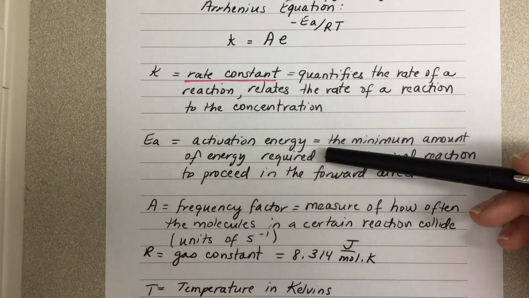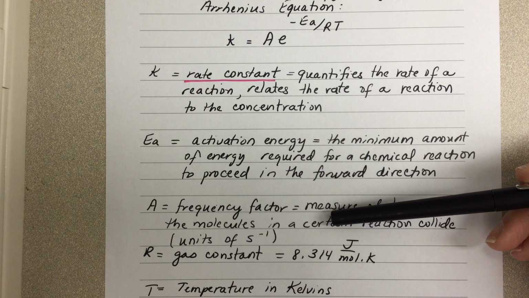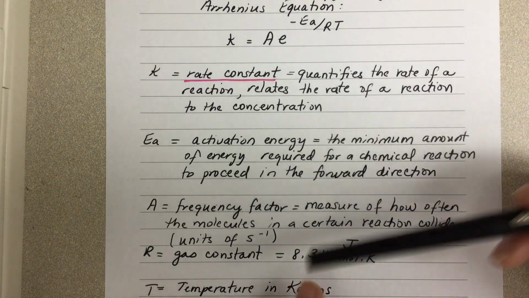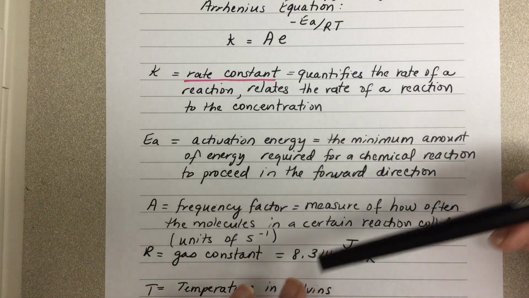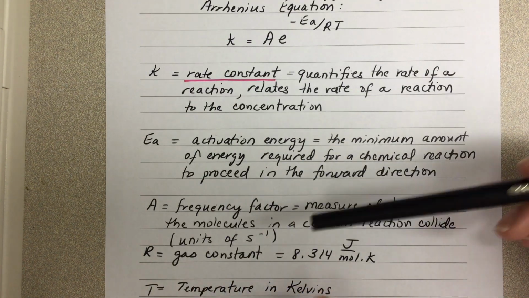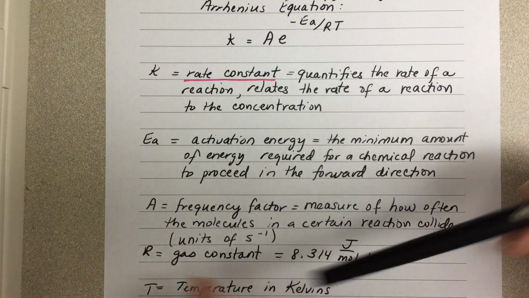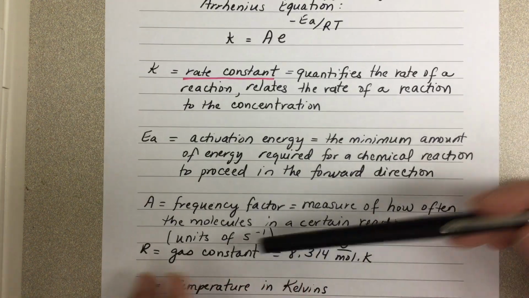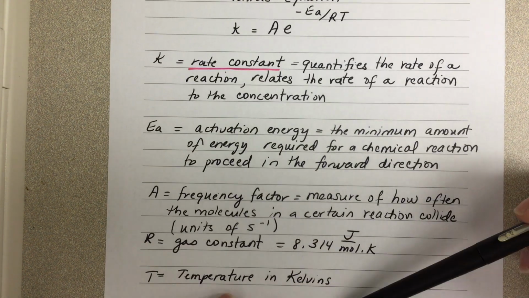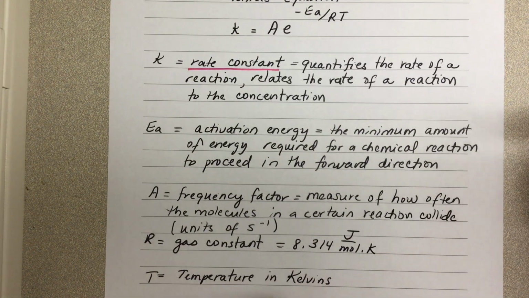I have here the definitions for activation energy, your frequency factor, and your gas constant. You probably know the number as 0.082, but that one has different units here. So this is the one that we're using, but it's the same constant, different magnitude because we're using different units. And temperature in kelvins.